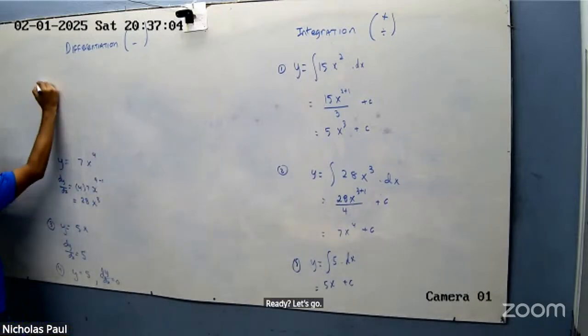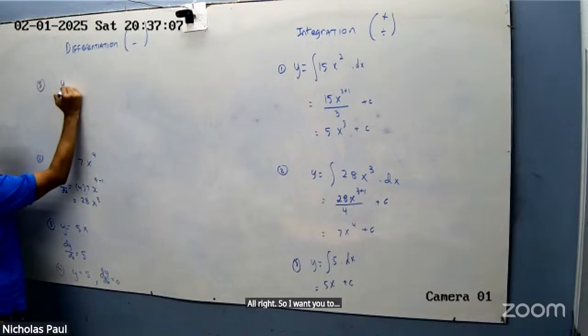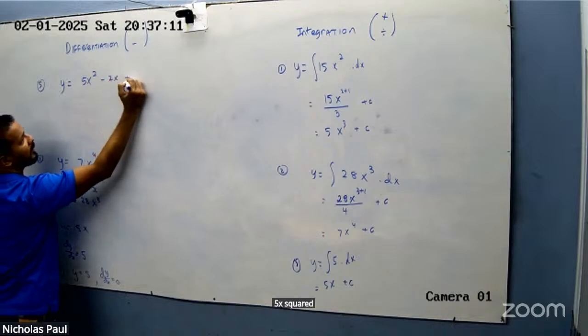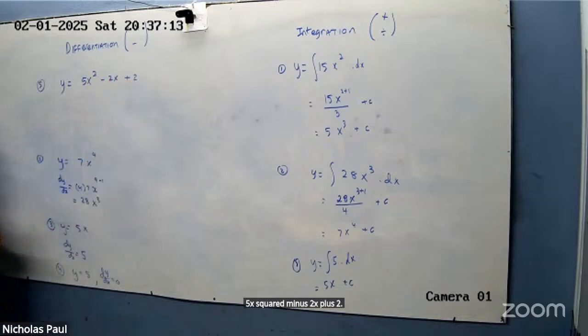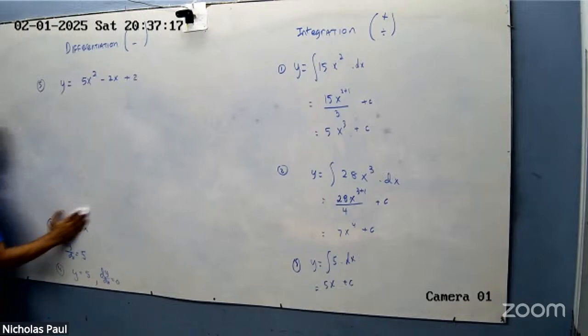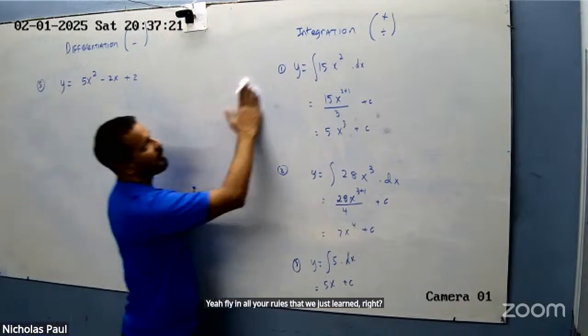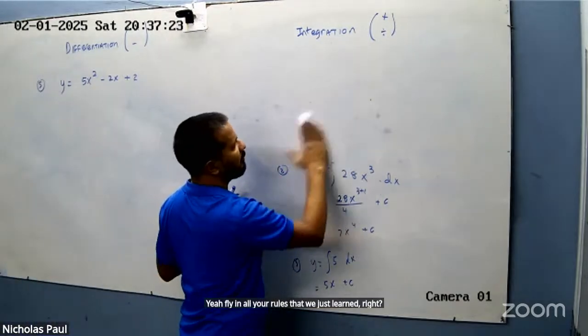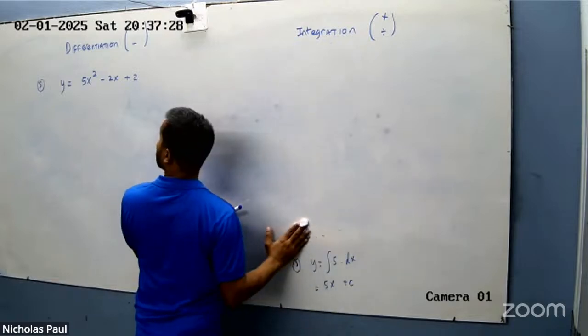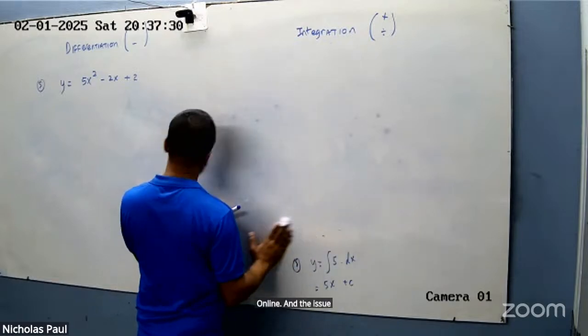I want you to differentiate this, please: 5x squared minus 2x plus 2. Differentiate that. You're applying all the rules that we just learned, right? Online, any issues, just stop me.